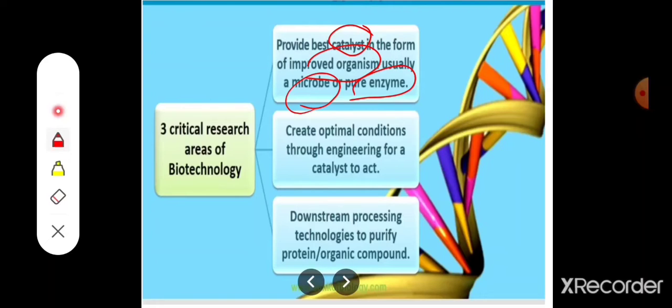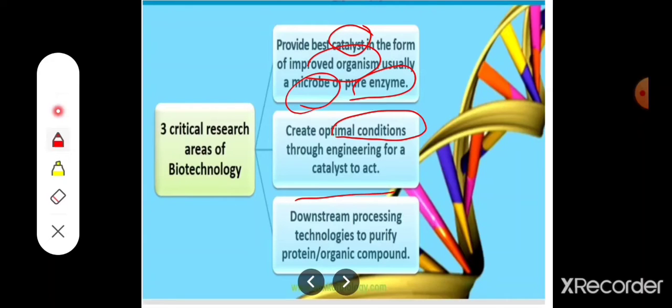And the second area where research is going on is to create an optimal condition, right? To grow a microbe or produce an enzyme, the optimum condition has to be provided through engineering for a catalyst to act. For it to work properly and produce what is needed, it has to be given optimal conditions. And how are we providing optimal conditions?